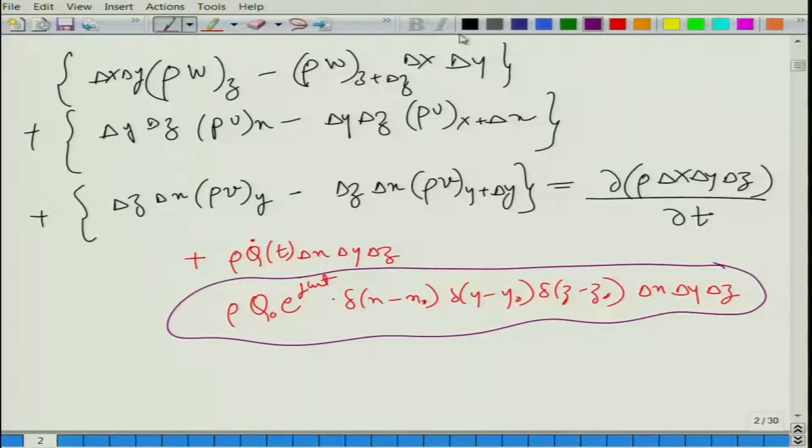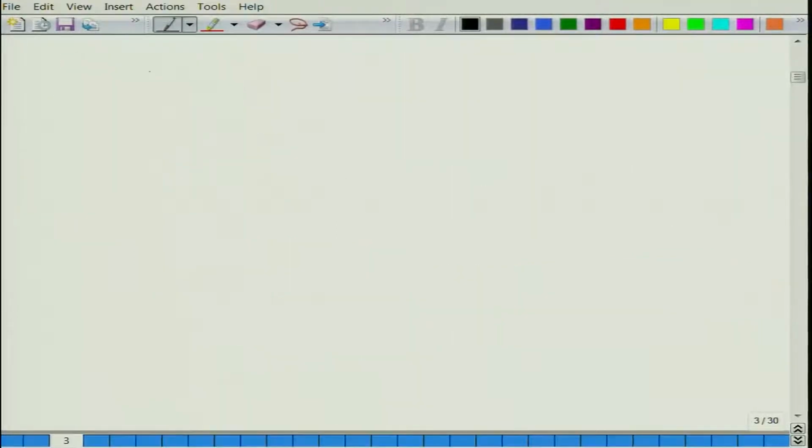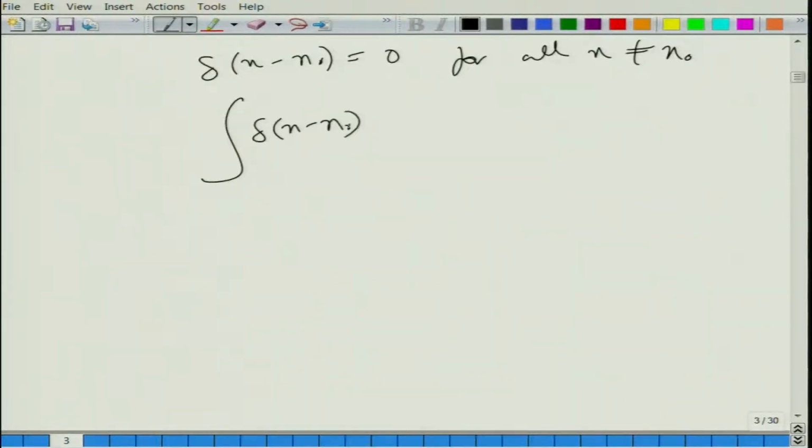So, what does this Dirac delta function mean? This is the first time I guess we are talking about these functions in this course, so I must make a small digression. A Dirac delta function delta x, in the Cartesian system, is defined as 0 for all x not equal to x naught, and in the integral sense, from minus infinity to infinity, it comes out to be 1.